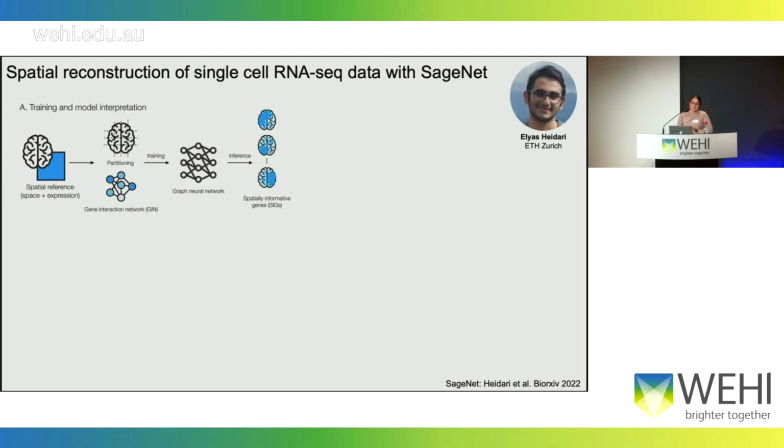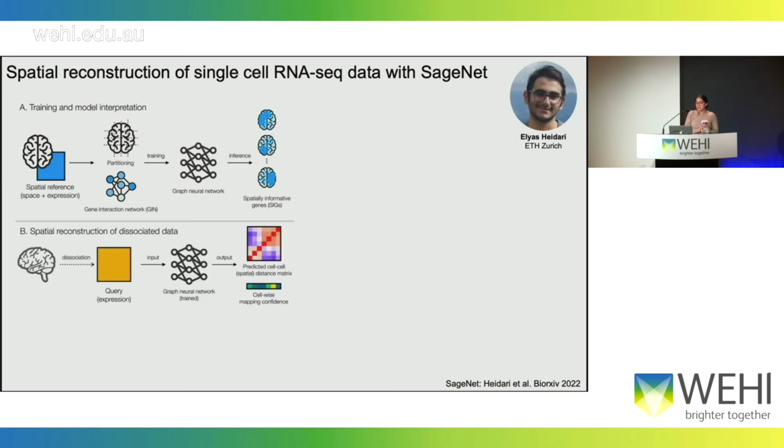The idea is that if I have a spatial reference, with the expression and the physical coordinates, I could train a graph neural network to identify which patterns of genes best recapitulate the spatial coordinates. Additionally, I can look at the model itself to understand which genes are best predicting these regions. So that's the model.